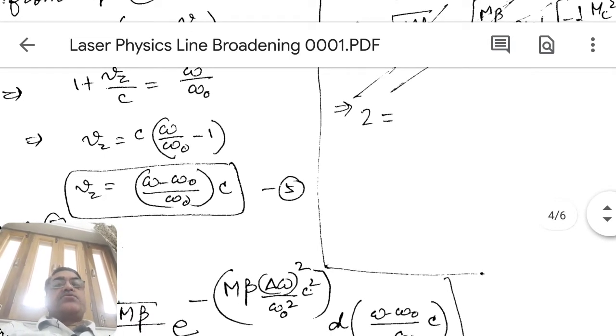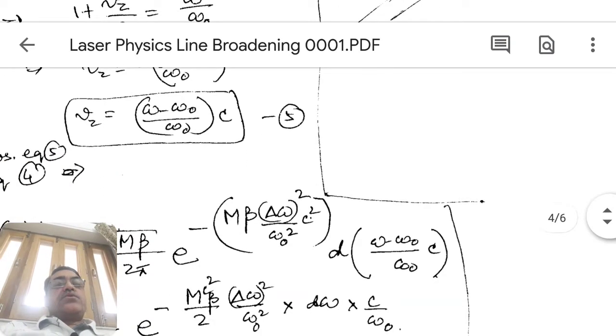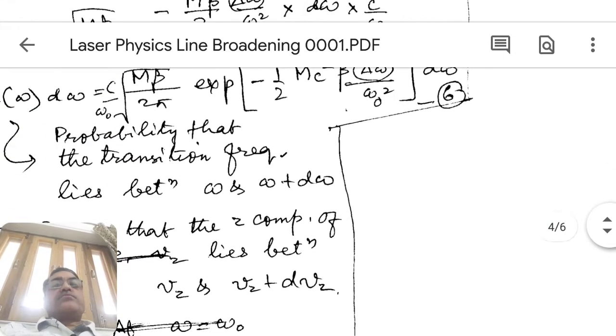So Vz is equal to delta omega by omega naught into c. Substituting this we obtain c square.